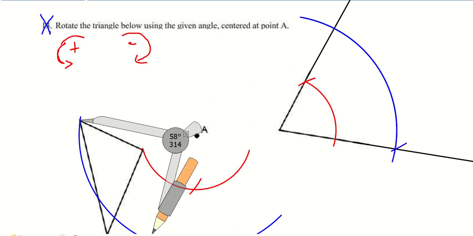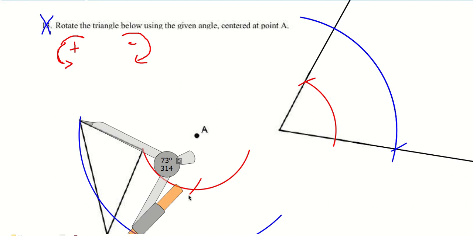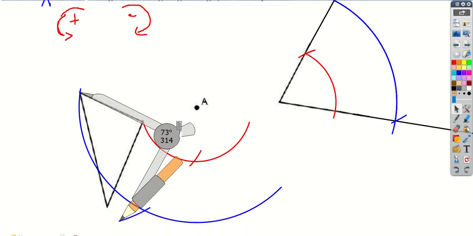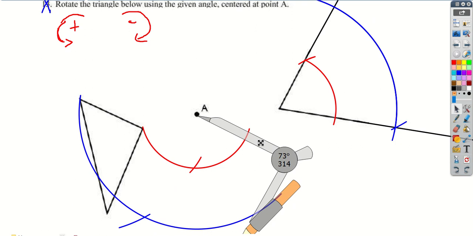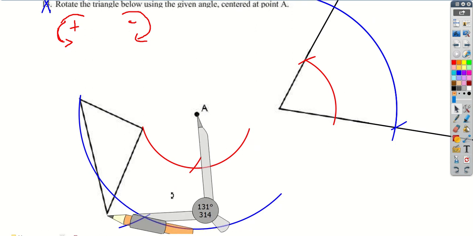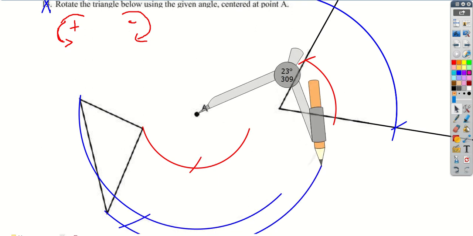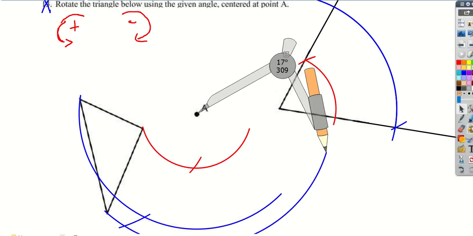Over here, mark off that distance. All right. And then we do the same thing for the third one. So, sharp point on A. It's pretty close to the same. All right. There's that curve.